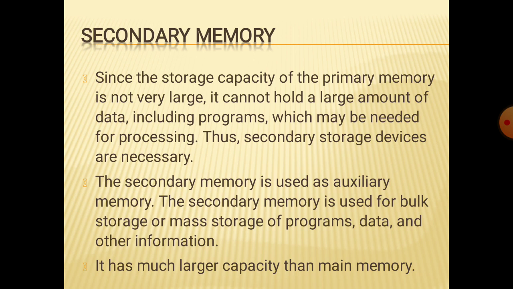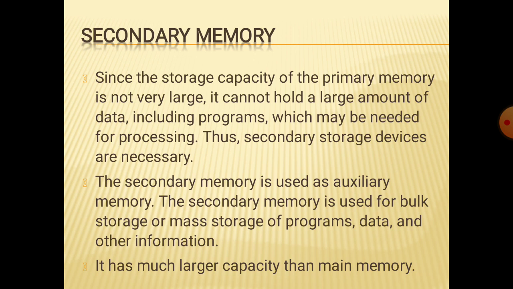The secondary memory is used for bulk storage or mass storage of programs, data and other information. So when you want to store content in a huge amount, in bulk, that may be programs, data or any other information, then we use secondary memory, that is your auxiliary memory, rather than your primary memory or main memory.